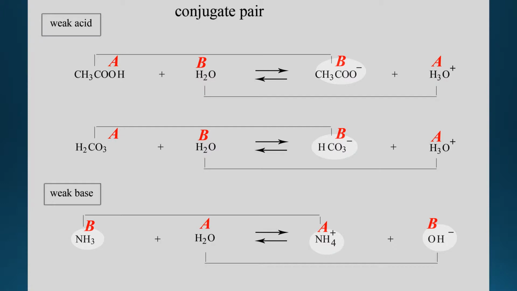Student, please remember. Ammonia, NH3, has no charge. NH4 is 1 plus. OH is 1 minus. So student, please get yourself very familiar with the charge and the valency, for all the topics that you learn. Thank you.